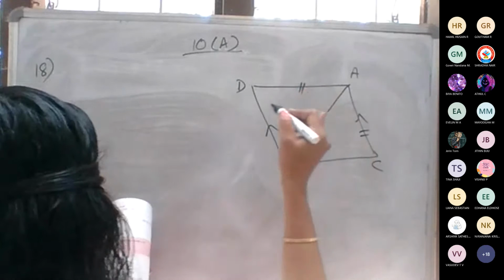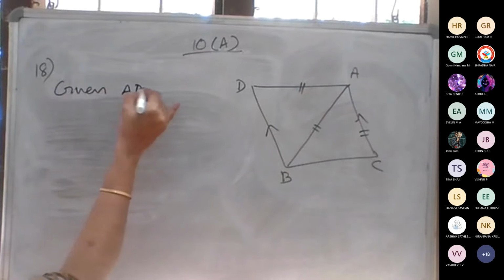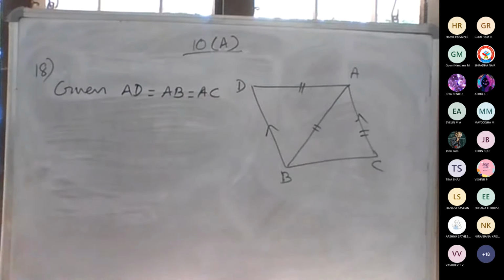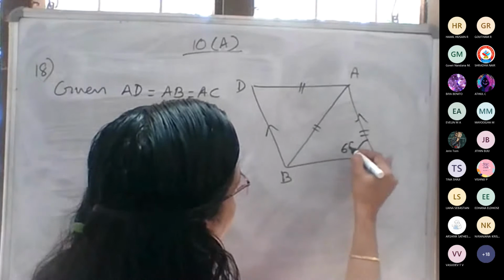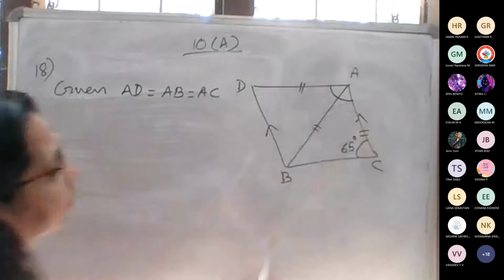Given AB is equal to AC, DB is parallel to CA, and ACB is given as 65 degrees. We have to find angle DAC.